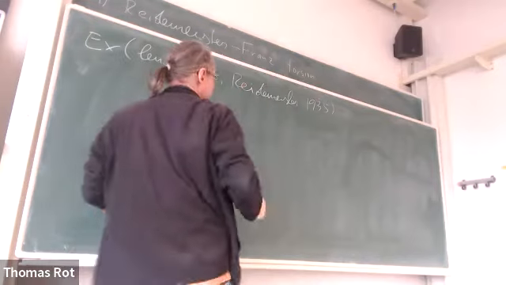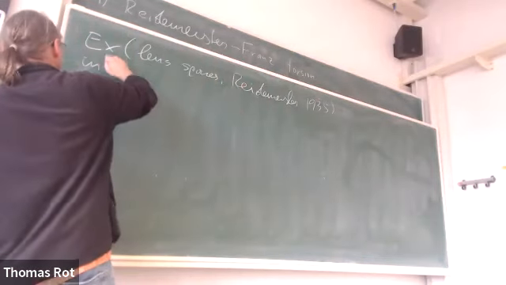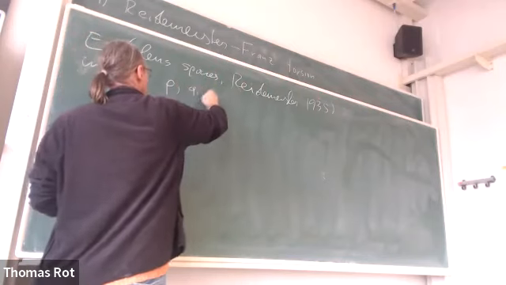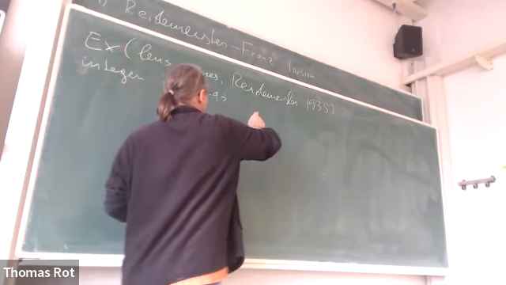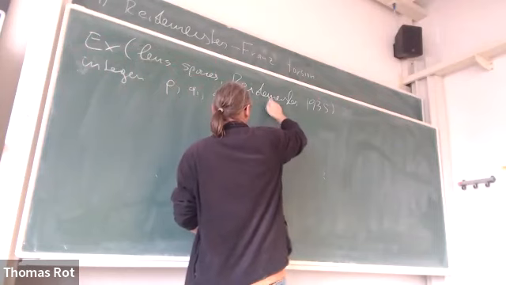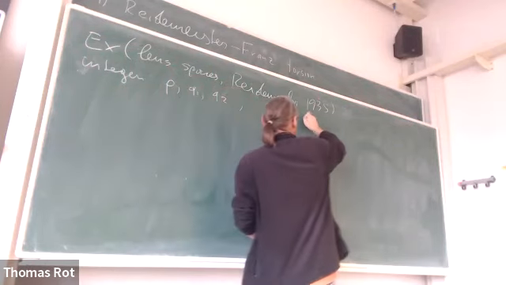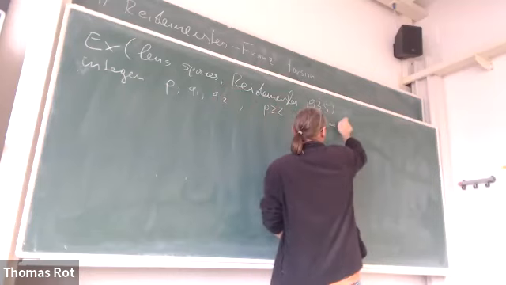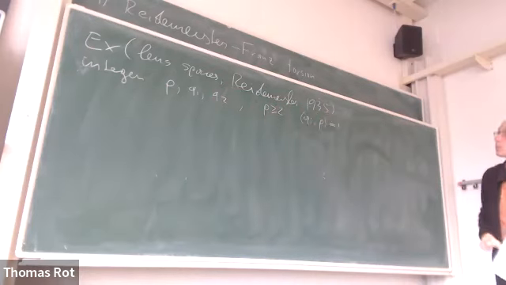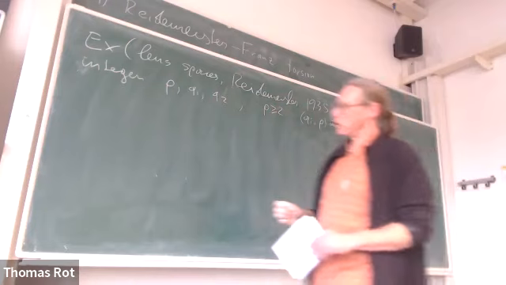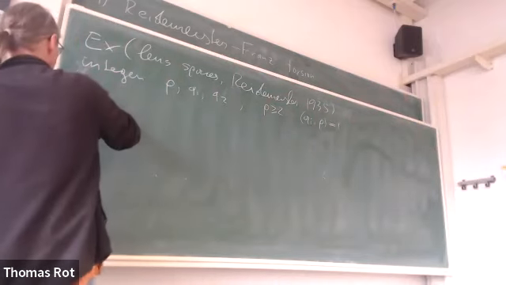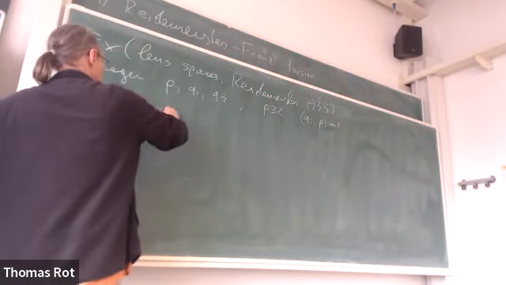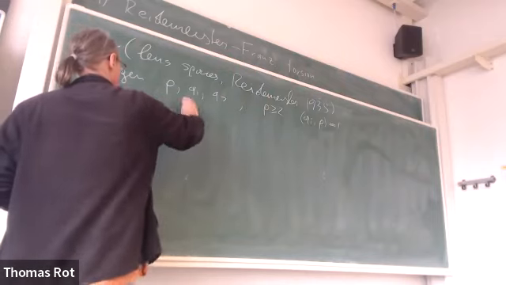So you fix integers P, Q1, and Q2. You assume that P is at least 2, and you assume that the numbers Qi are coprime to P. And then you introduce the lens space L, or L(P, Q1, Q2).